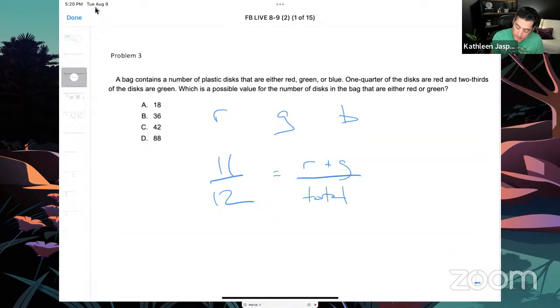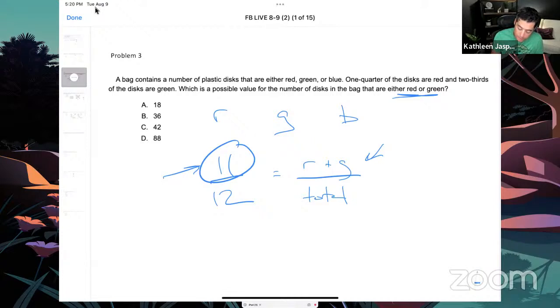Since it's asking the number of discs in the bag that are red and green, and it's proportional, it means that this number here, my red and green, has to be so many times bigger or so many times smaller. Well, that's why we use a ratio. This is my red green number. It has to be a factor of 11. Does that make sense?